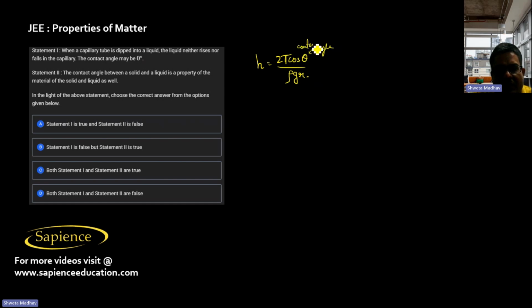So if h is 0, then it means that angle theta should be 90 degrees.